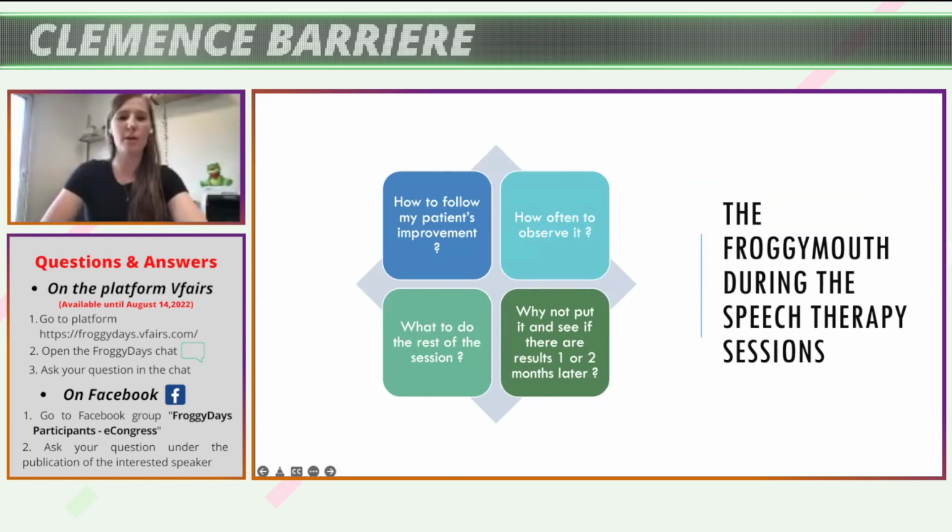At the beginning of every session, they put on their froggy mouth and try to do this in real conditions. I don't have the pictures in this practice now. I don't have a TV, so I put YouTube on my tablet and prop it up on books so that it's at eye level, and then I do exactly like they do at home.